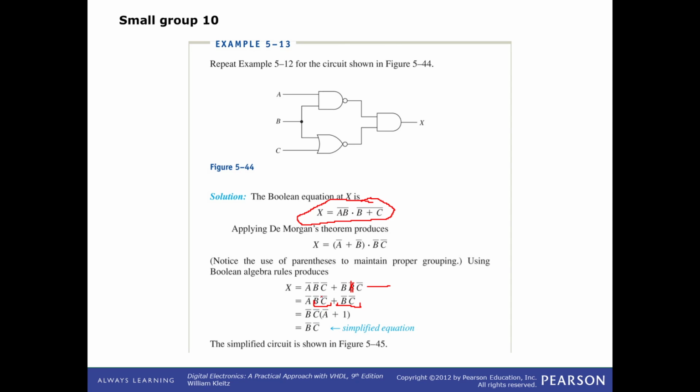So we can reverse distribute, pull it out, and we're left with the not B, not C there, and then a not A on one side of the OR, and a 1 on the other side of the OR. But anything ORed with a 1 is just a 1, and then that 1 would be ANDed with not B, not C, so anything ANDed with a 1 is just itself, and that's where they get this equation.